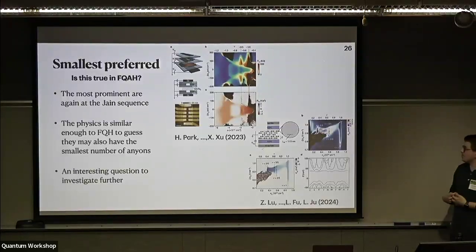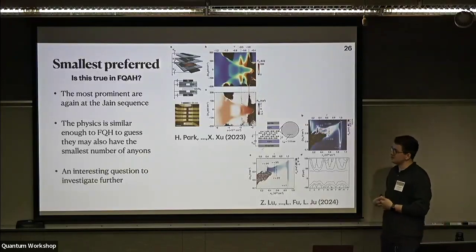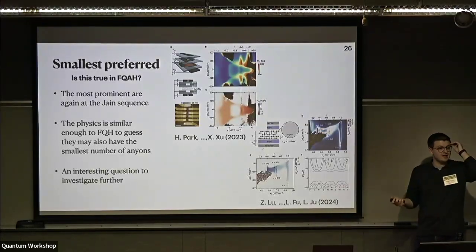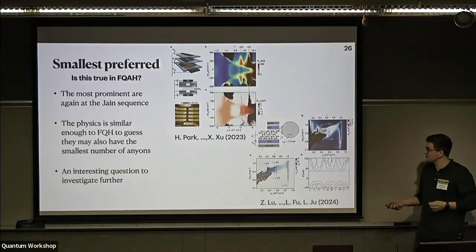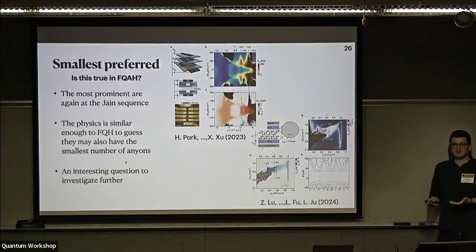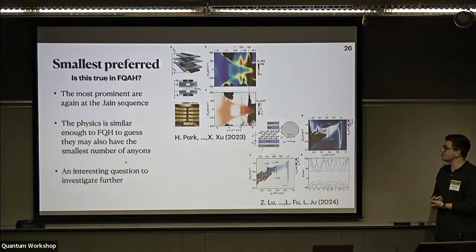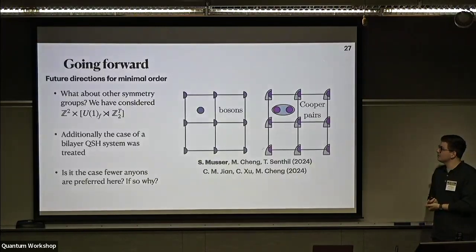But I think it's a reasonable assumption using Occam's razor that you get the smallest number of anyons given a fractional sigma_H. We haven't done any systematic investigation of why this is in the fractional quantum Hall effect. It kind of fell out of proving what these theories are, but it might be interesting to investigate further.